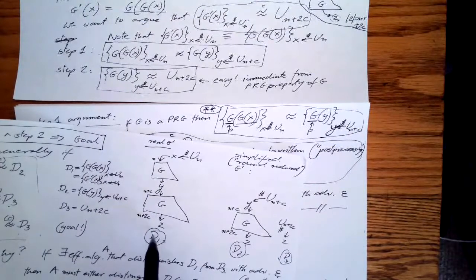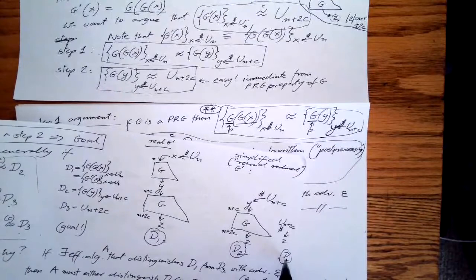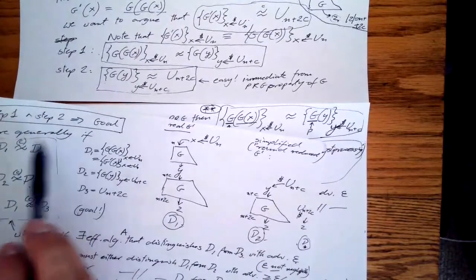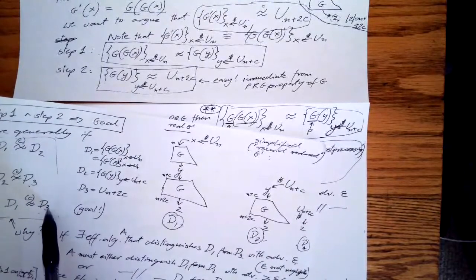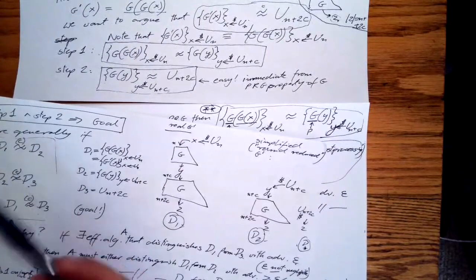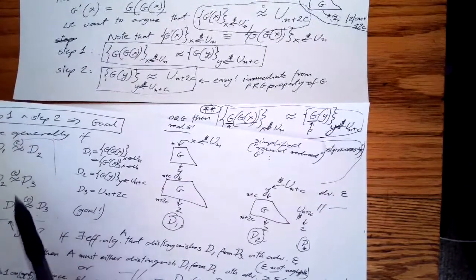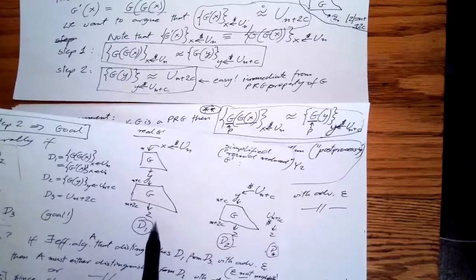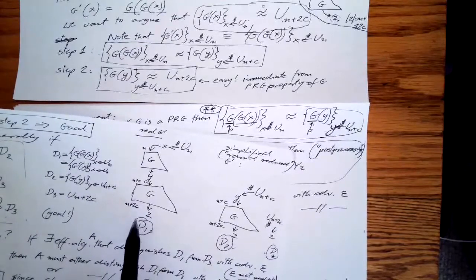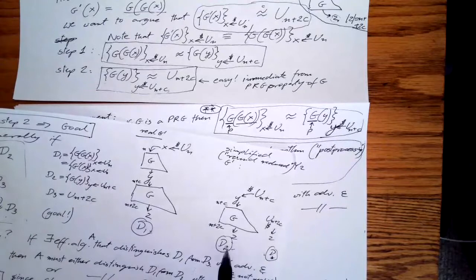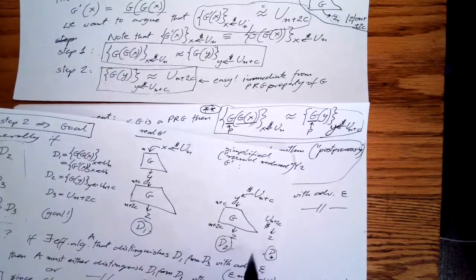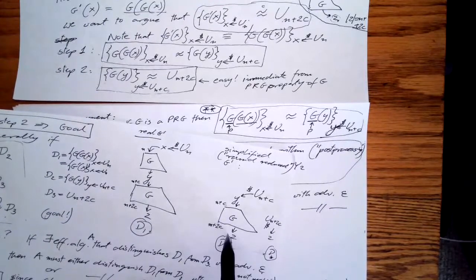We did it step by step, showing these two are, and showing these two are, and showing a general transitivity law, which will be reused again and again. So now this indistinguishability is immediate from a PRG property.